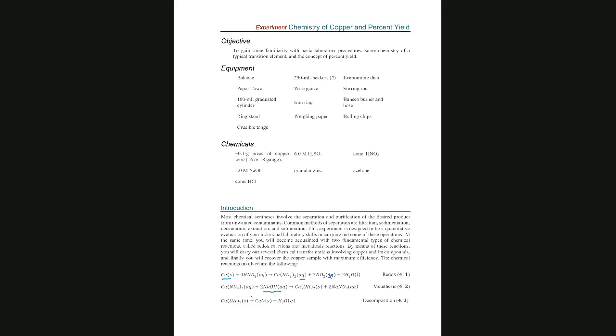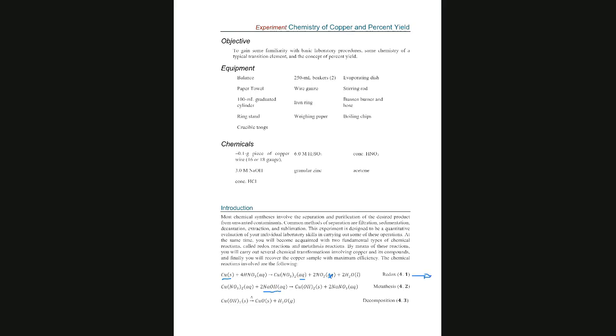So at the beginning, you have the copper wire, and you add the nitric acid in the beaker, and you end up with a blue beaker. And then what is the second? I forgot to tell you, but we're going to go over that this is a redox reaction.